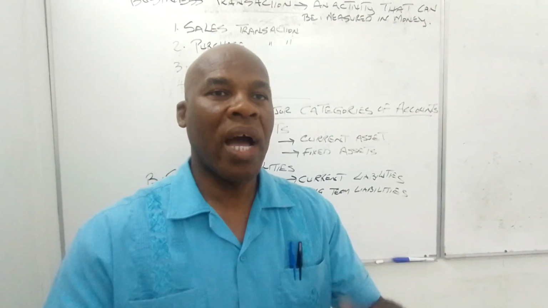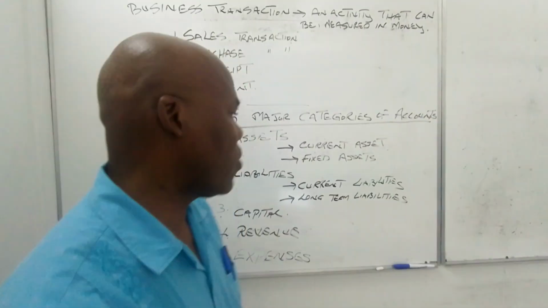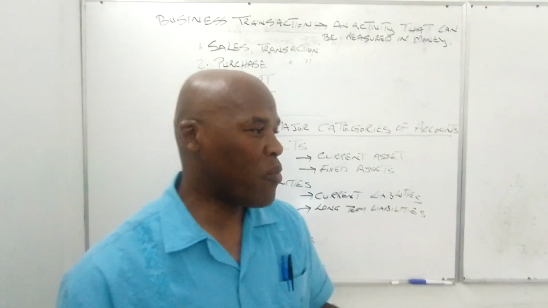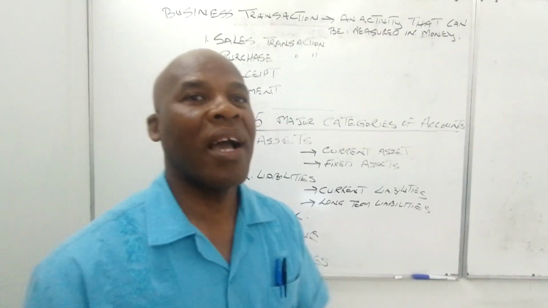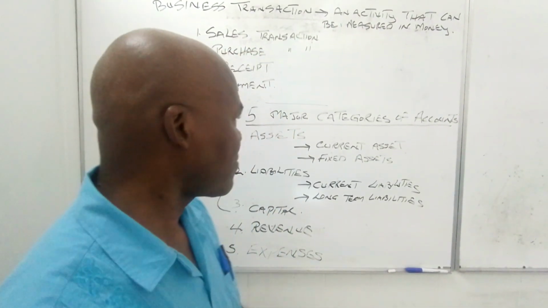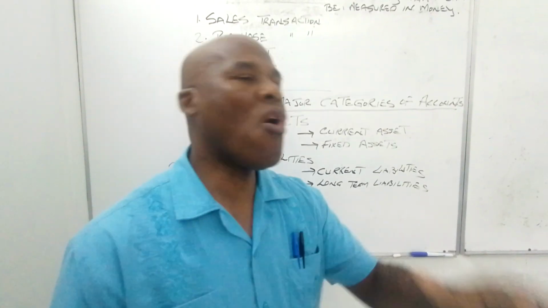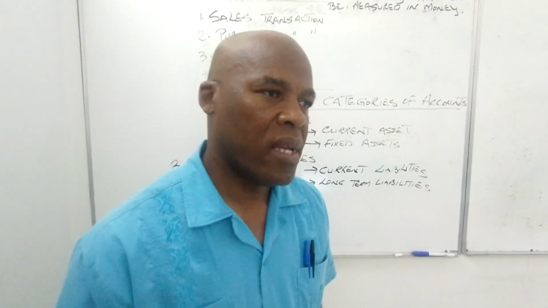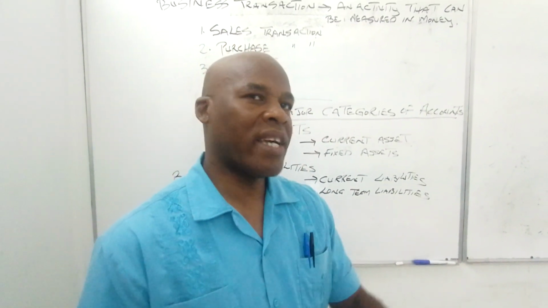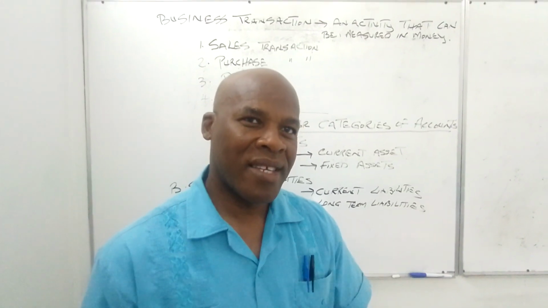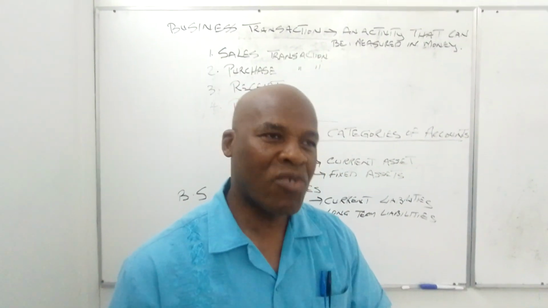So in our session today, we zero in on the 5 categories of accounts: assets, liabilities, capital, revenue and expenses, where all of your recording will take place.